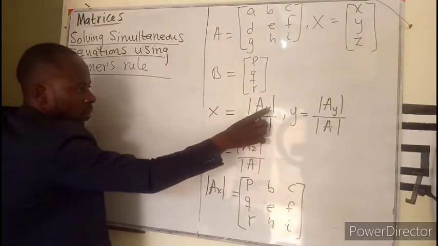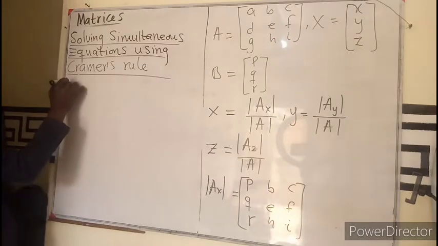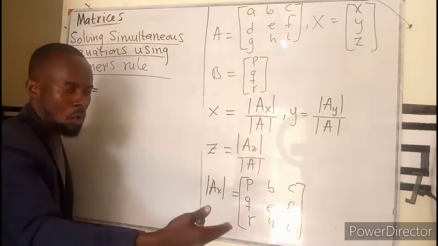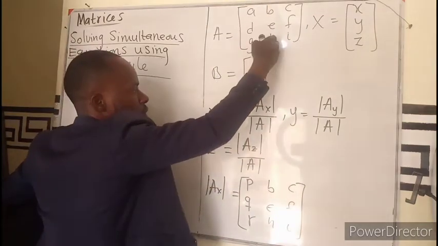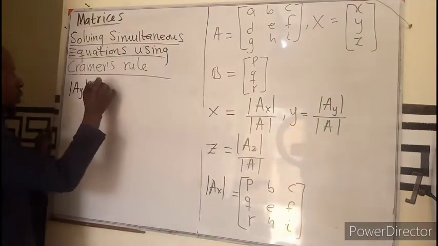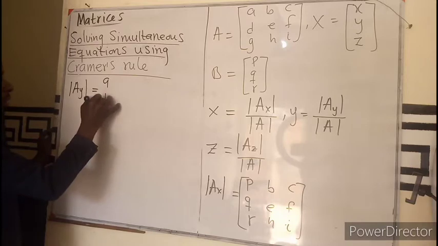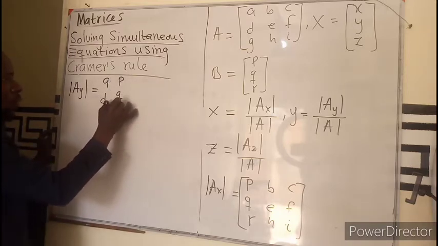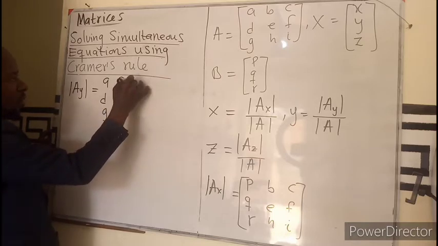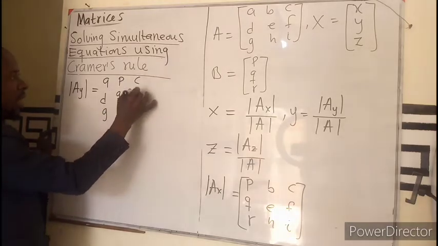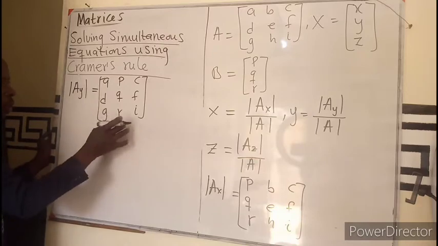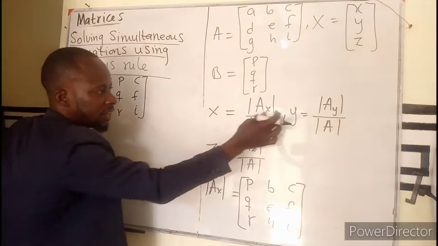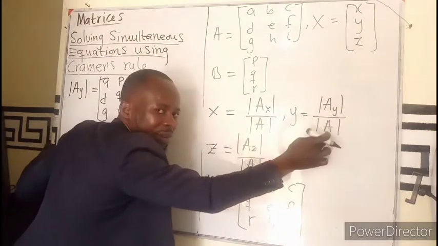Then for that of Y, it is the second column, so the second column will be replaced by this. So A, D, G, second column P, Q, R, the third column C, F, I. When you find the determinant of this, you put it here, divided by the coefficient determinant.